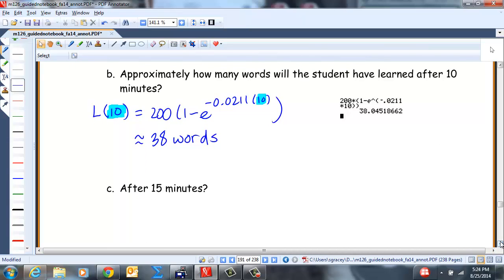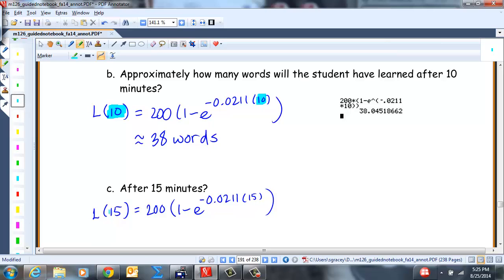Okay, so after 15 minutes, we're basically just evaluating L at 15, which is going to be 200 times 1 minus e to the negative 0.0211 times 15. And we will get approximately, let's find out how many words.